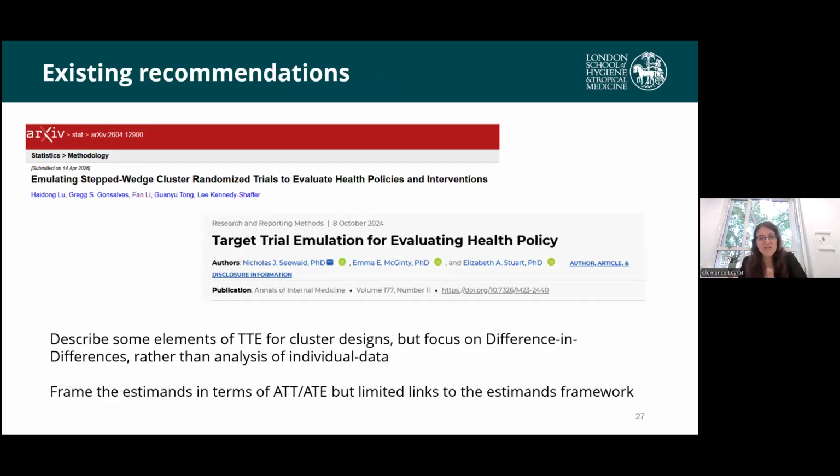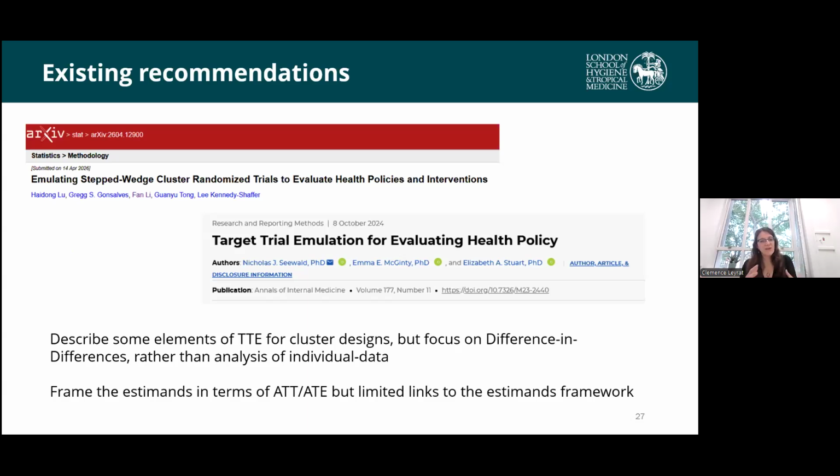First, I'm not much in the literature, but there are two great papers. One, quite recent on arXiv, focuses on the emulation of stepped-wedge cluster randomized trials, and the other discusses cluster emulation for the evaluation of health policies. They describe very well elements of target trial emulation for cluster designs, but they focus mostly on difference-in-differences, which is a slightly different framework, whereas what I'm going to talk about is really the analysis when we have individual-level data.